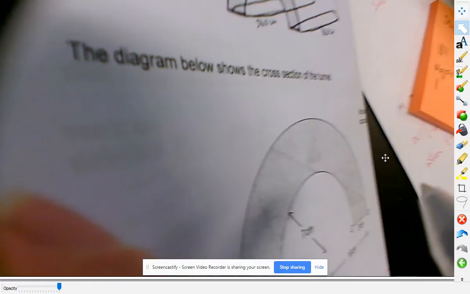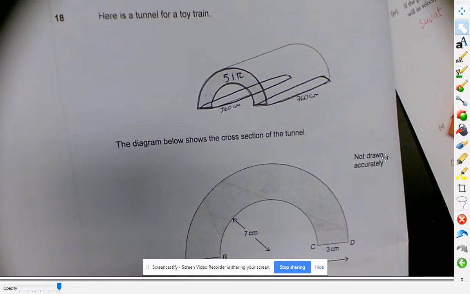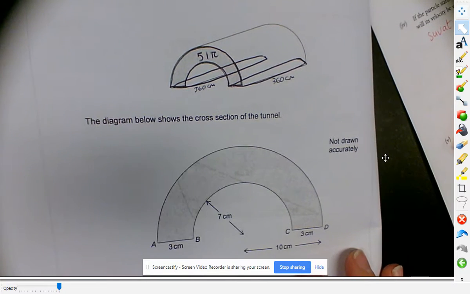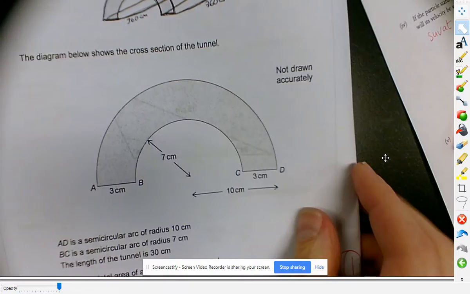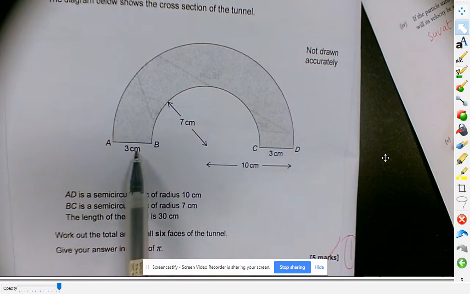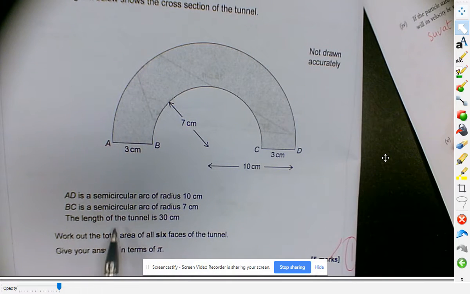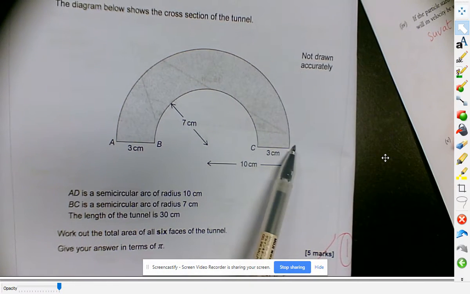Okay. Here is the question we've been given. Here is the tunnel for a toy train. The diagram shows the cross section of the tunnel. So I've got the picture here. Then I've got this section. AD is a semicircular arc. That's a semicircle.